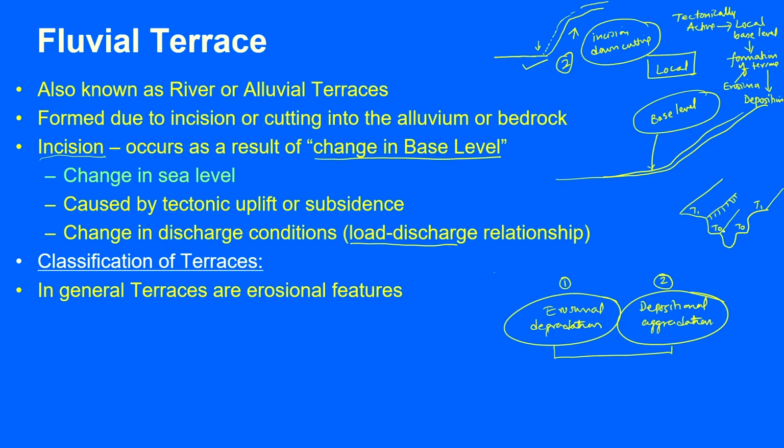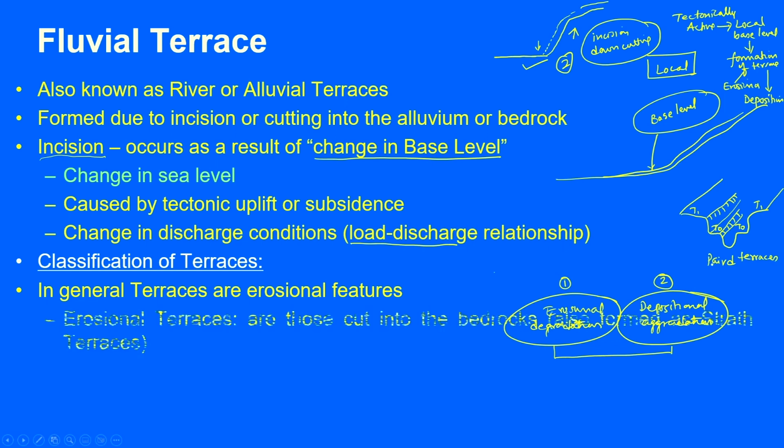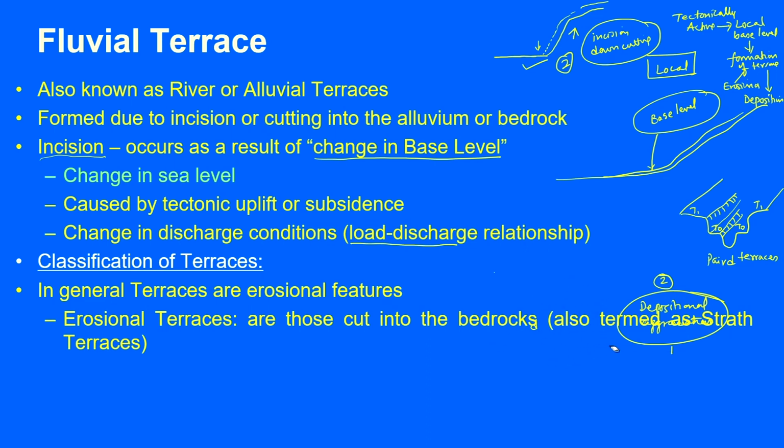If you have this type of profile, then you can say that this is your typical paired terraces. These are erosional terraces, because both have been formed because of the incision, that is why we say that in general they are erosional features.